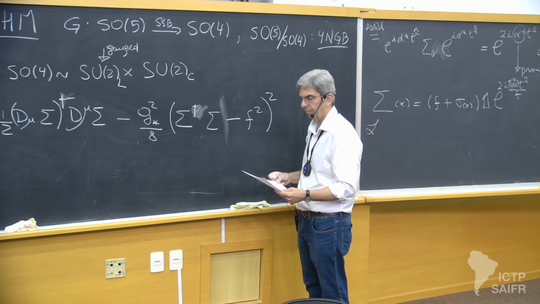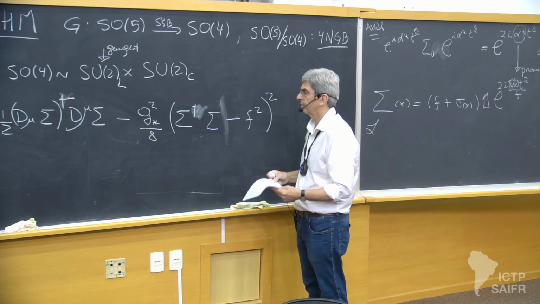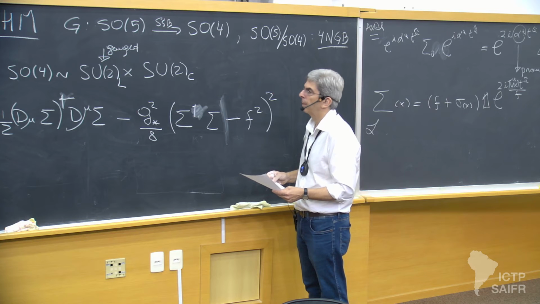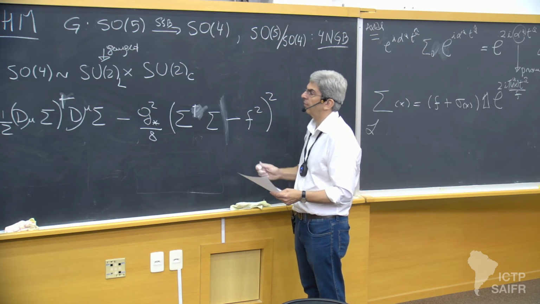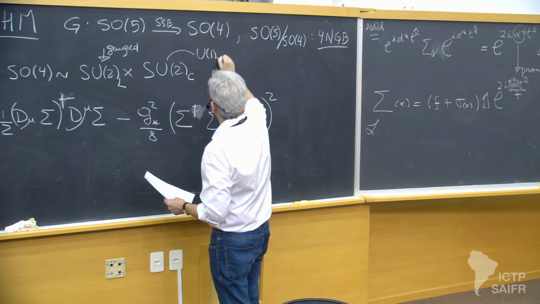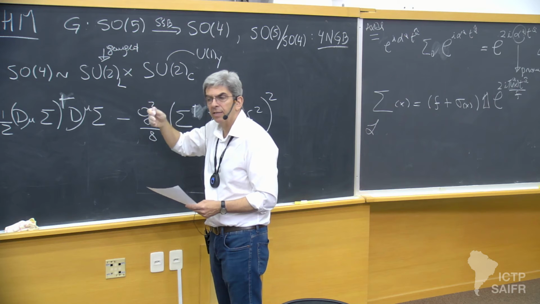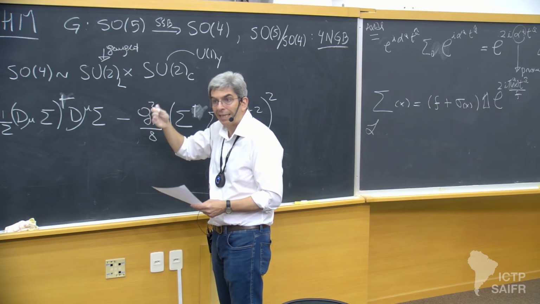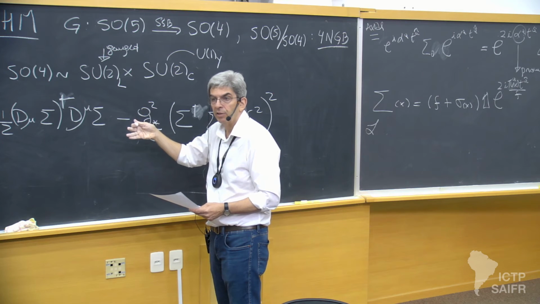I got a little confused about the SU2 custodial, because you have to gauge it to have the U1, right? Yes, I'm going to gauge this, but this is the gauging that breaks the custodial symmetry in the standard model, which is g prime.